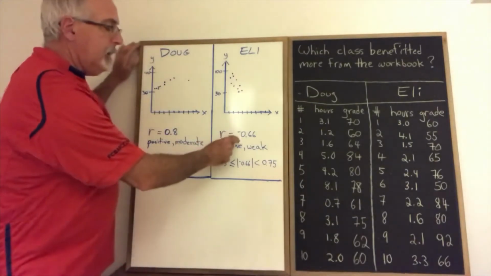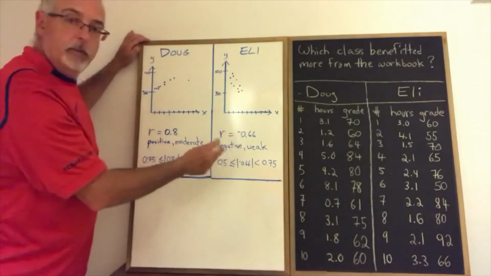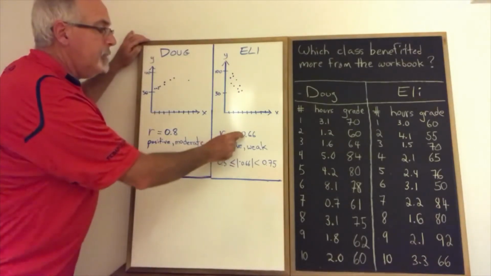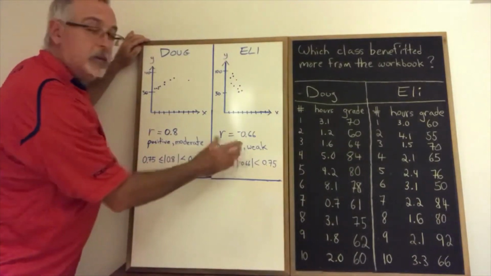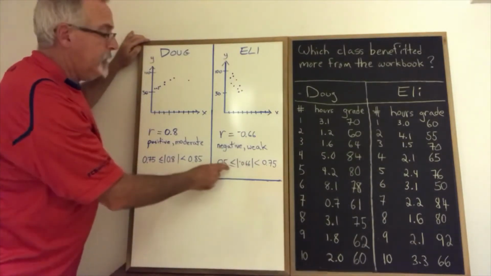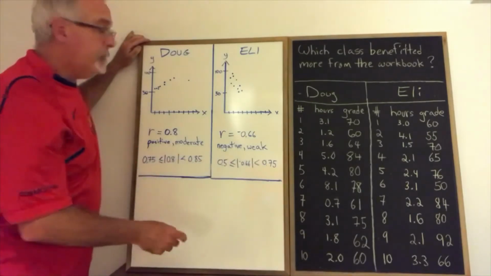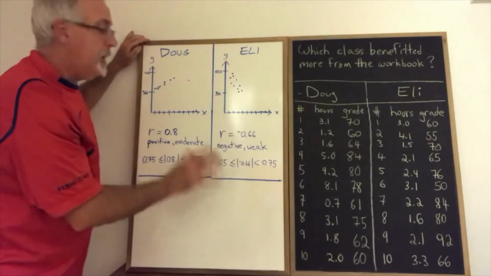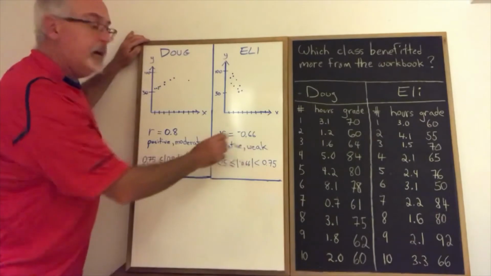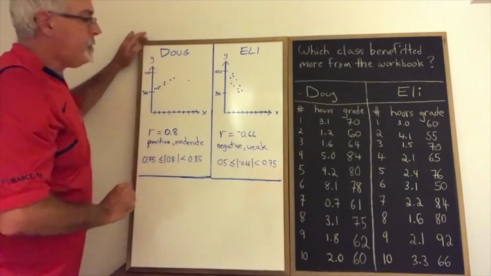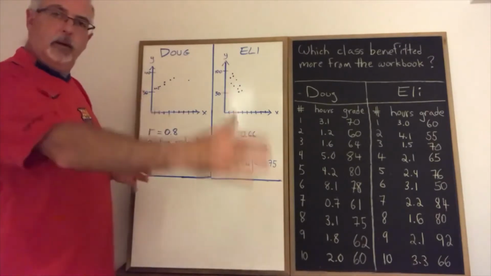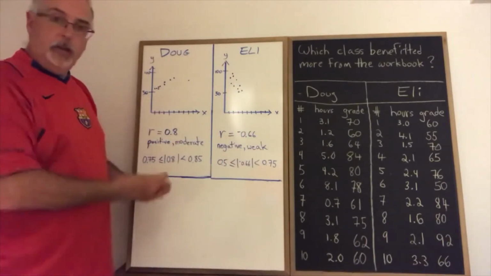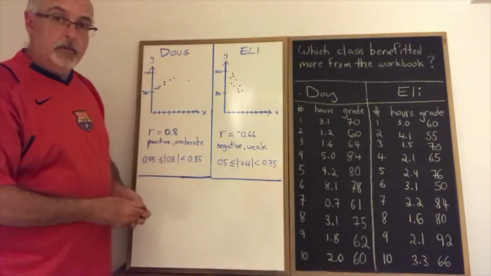In Eli's class, we have a negative R value, negative 0.66. And the absolute value of negative 0.66 falls between 0.5 and 0.75. So therefore, this is a weak correlation. But importantly, it is a weak negative correlation. Now remember, if you're studying statistics from a different curriculum than the one where I'm teaching, you may be using a different table.